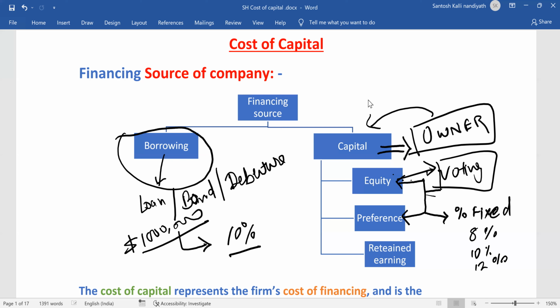If the company is doing so well that it is making a lot of profit, all the profit would go to the equity shareholder, not the preference shareholder, because the preference shareholder is not taking the risk. The equity shareholder is the main owner of the company, and they are taking the risk. What risk? It could be that the company is not generating profit. In that case, the losses would always be borne by the equity shareholder.